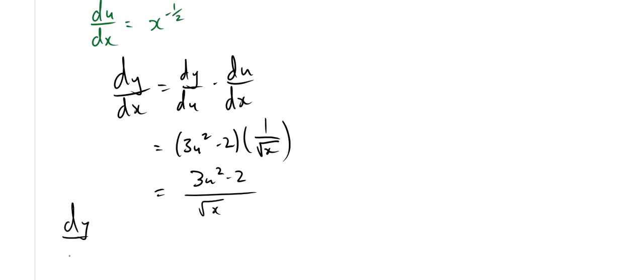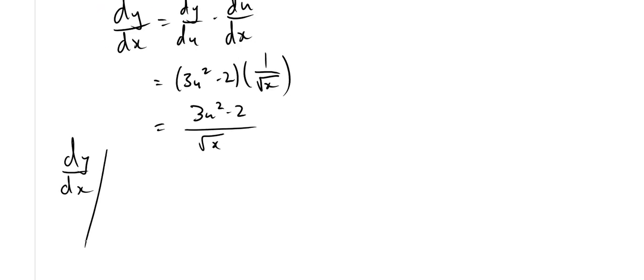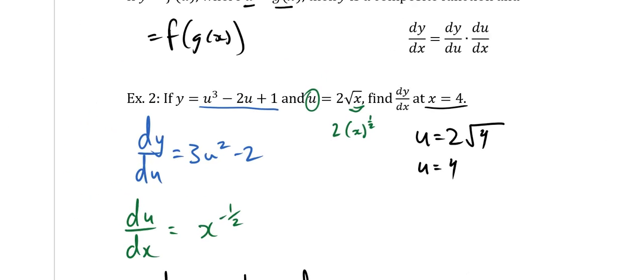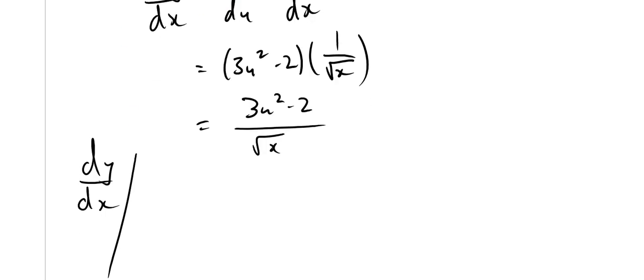And then the question actually asked us to find dy by dx when x equals 4. And so now you see that this is why I needed the value for u as well, because my equation here has a u and an x in it.